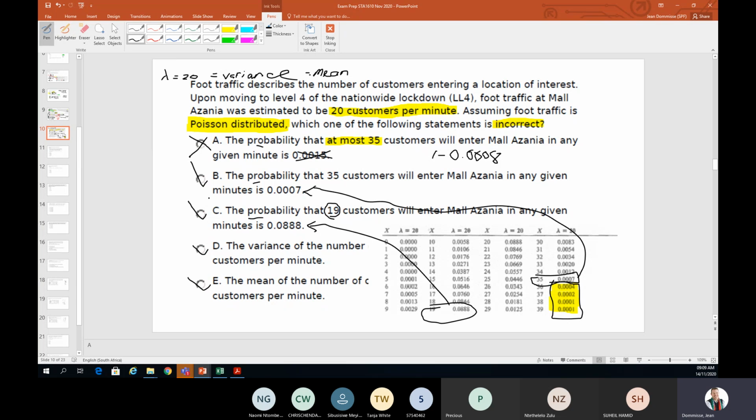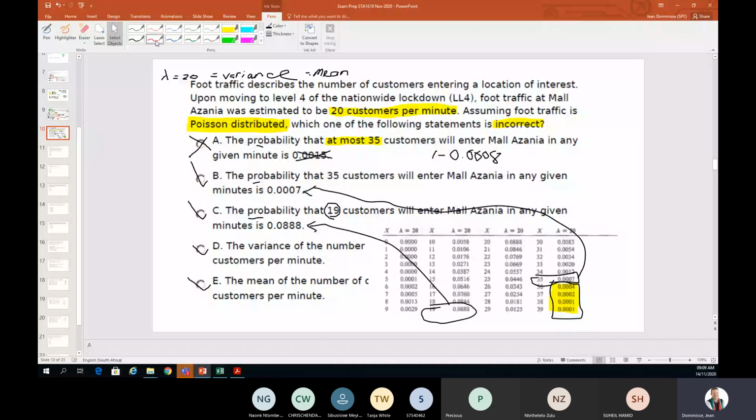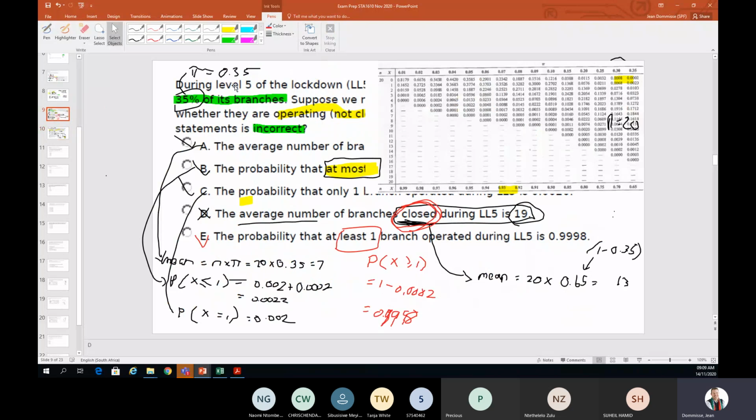In the Poisson, like in the binomial, they've asked you about the variance and the mean, and then they've asked you a few probabilities. That is what they will do with a binomial as well. They ask you a few probabilities, they ask you about the average or the mean, and they could have asked you a question about variance as well.